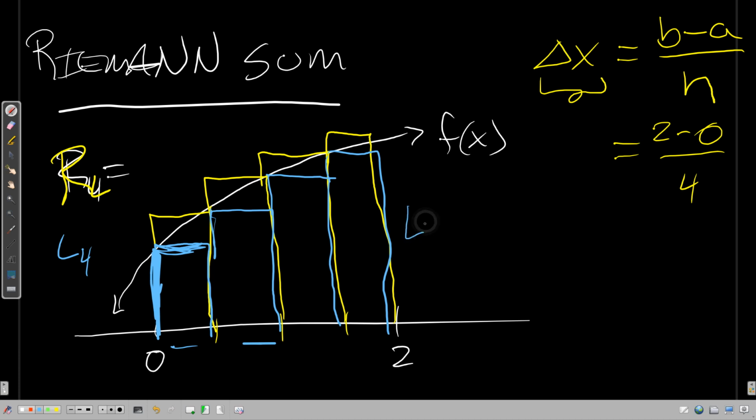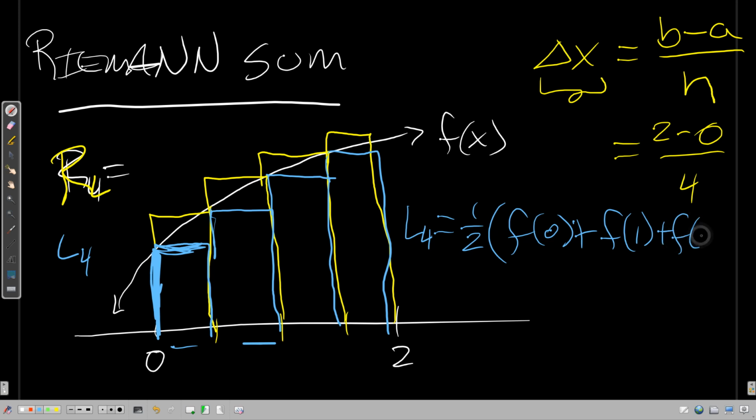So my left Riemann sum would have to be 1/2 times f of 0 plus f of 1 plus f of 2 plus f of 3. That would be a left Riemann sum.